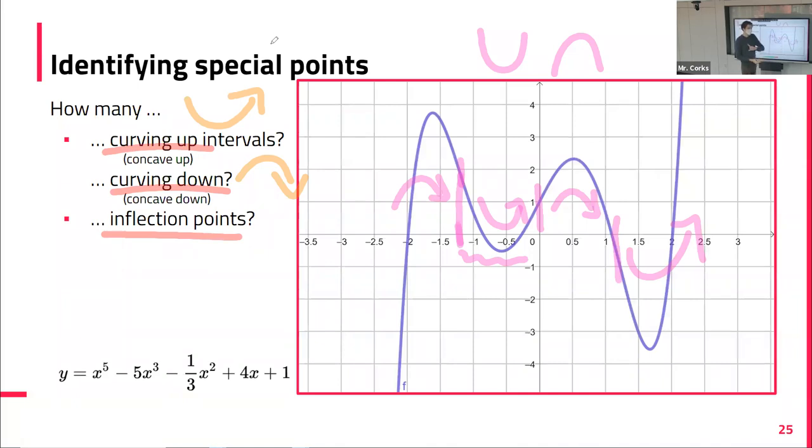Because that's an interval of increase. That's based on the first derivative. This is another layer based on the second derivative. You're thinking of first derivative and just slope increasing and slope decreasing. This curving up, it's like speeding up and slowing down.